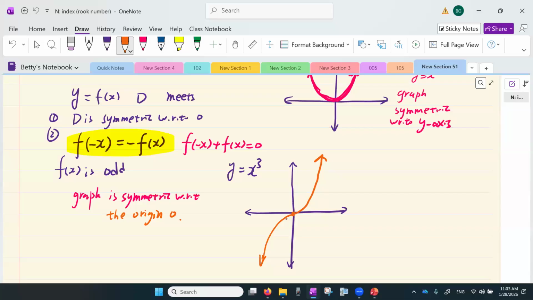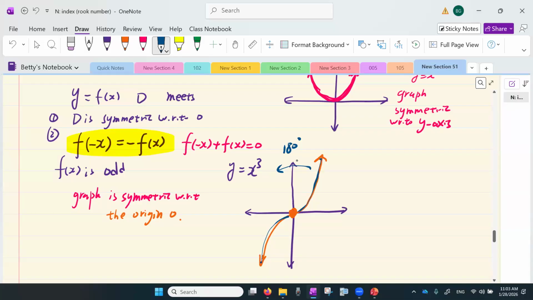This function is odd. The graph is symmetric with respect to the origin. What does that mean? It means if we rotate the graph 180 degrees, doesn't matter counterclockwise or clockwise, the graph overlaps itself. Just imagine this arm is gonna become this arm, and this arm is gonna become this arm.